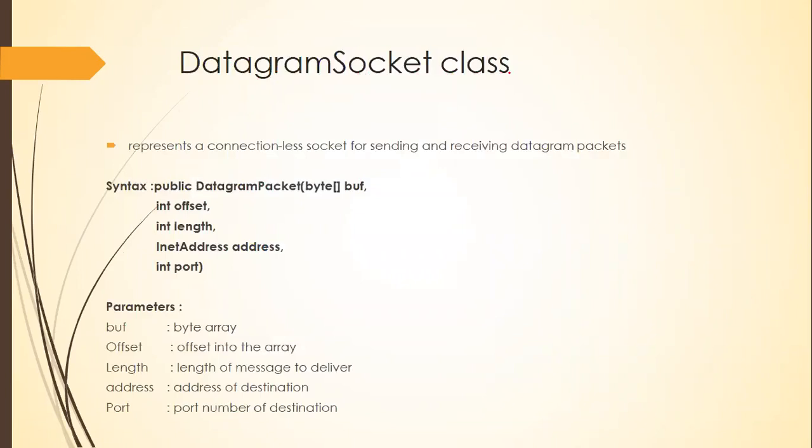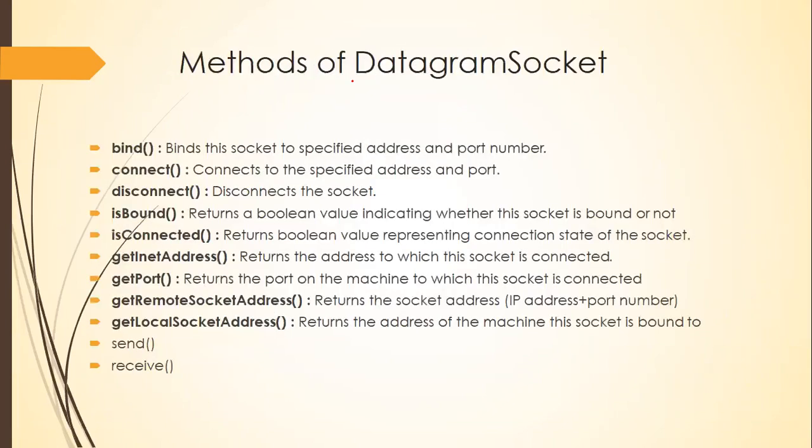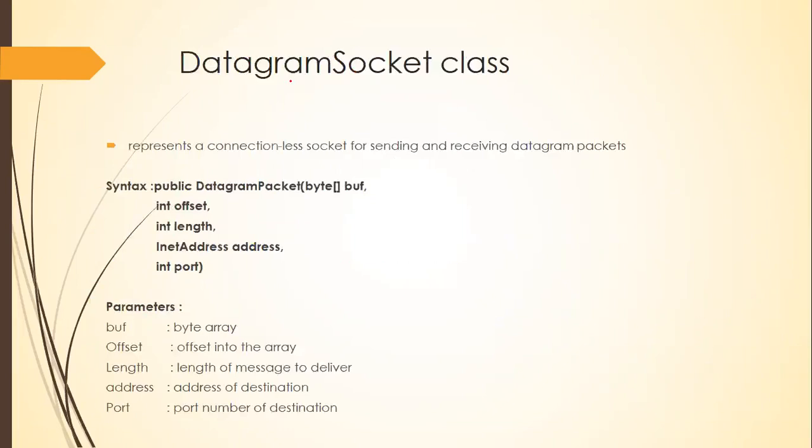Now, just like you had earlier server socket and socket, you have two things, datagram socket and datagram packet. First, let's see what we mean by a datagram socket. Look here, I've got two things over here, A and B. With the help of datagram socket, you will be making something called a connectionless socket.